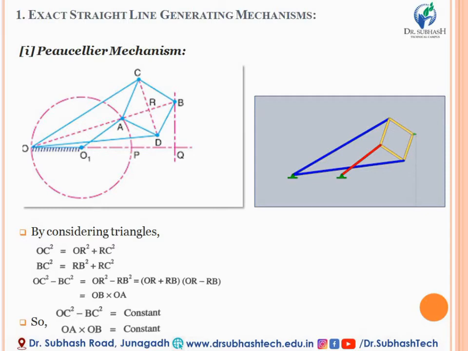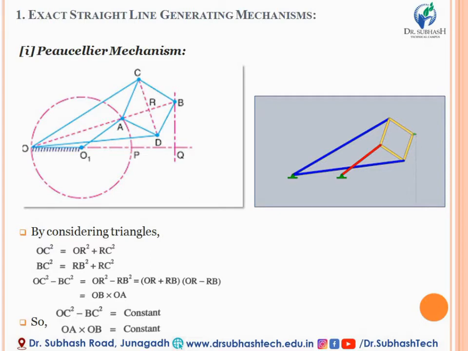It is an exact straight line generating mechanism, and if we talk about the relative dimensions of the various links, then AC is equal to CB, equal to BD, equal to DA. We also conclude that the length of link OC is always equal to the length of OD. So this is the geometrical configuration of the various links in the Peaucellier mechanism.